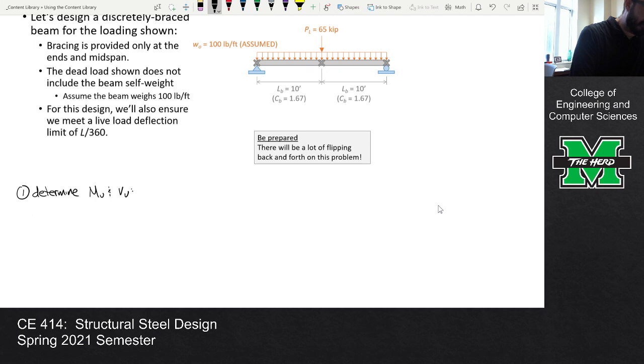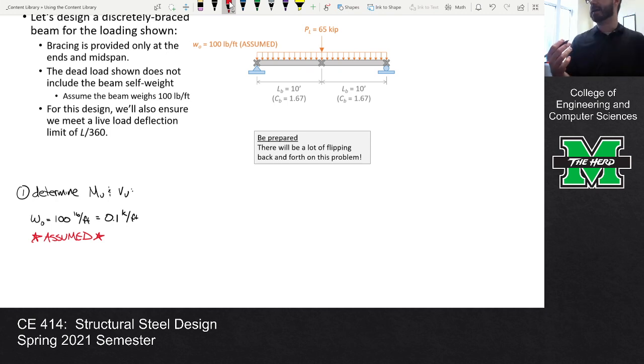So we have w naught is 100 pounds per foot, or 0.1 kips per foot. Remember, that is assumed, so that's definitely something we want to look at later once we pick a trial section, if we need to refine. Now we also know that L is 20 feet.